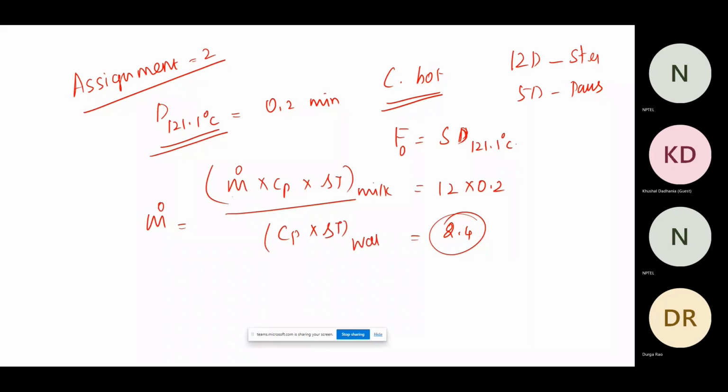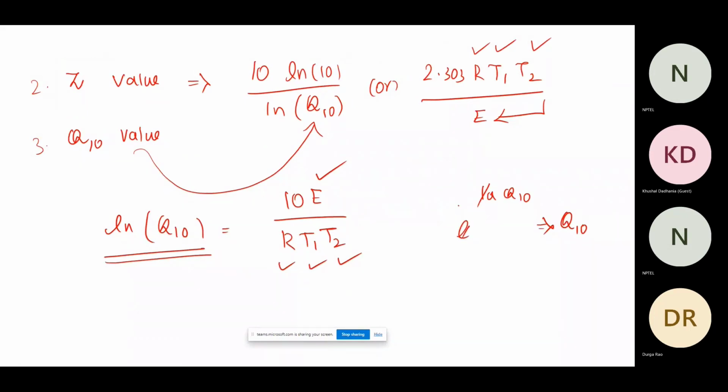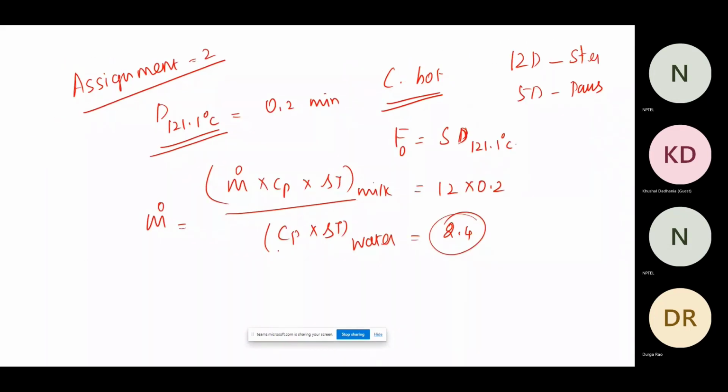This is a one step calculation. But sometimes you first calculate Q and then substitute here, and then divide by Cp once and by del T once. Sometimes you do 4 or 5 steps.